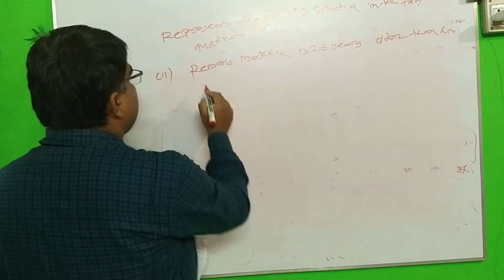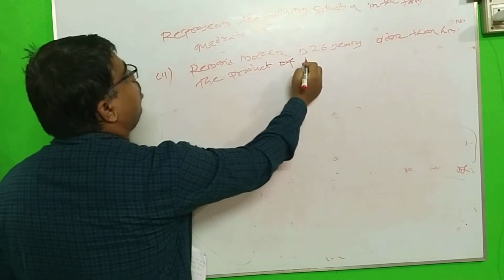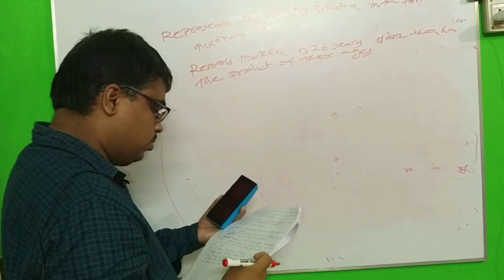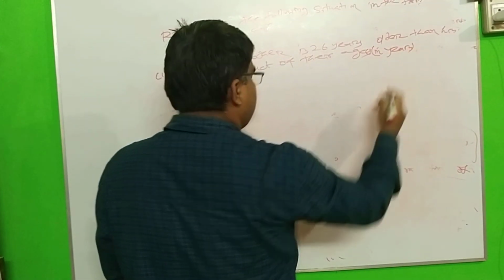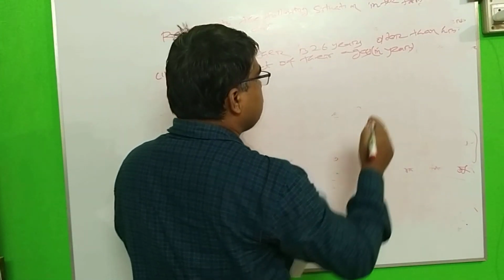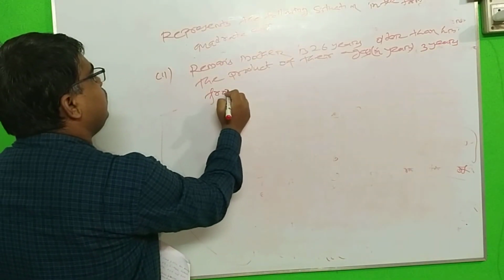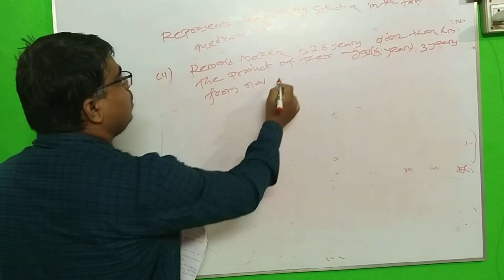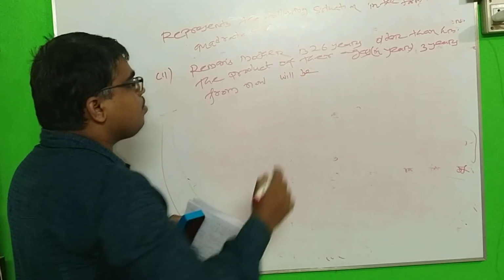The product of their ages in years 3 years from now will be 360.